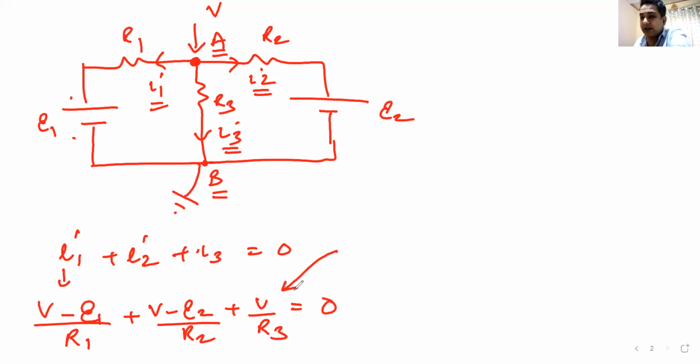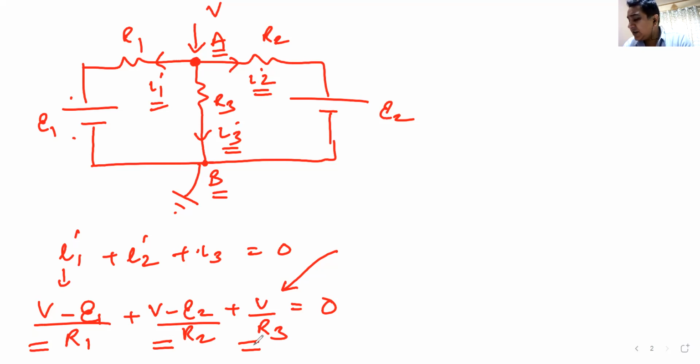From here, you can calculate the value of V. Put the value of V in the first equation, you will get the value of I1. In this, you will get the value of I2. In this, you will get the value of I3. Do you understand this now, Jayant? We have done this nodal theorem for current and resistance.